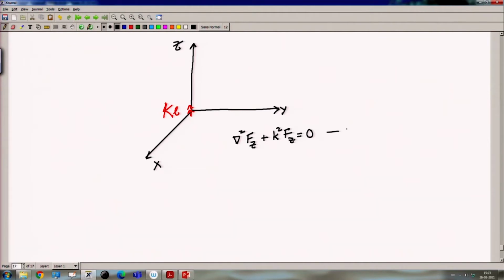So, we call this equation 10. Also, due to the spherical symmetry of the problem, the fields will be spherically symmetric.